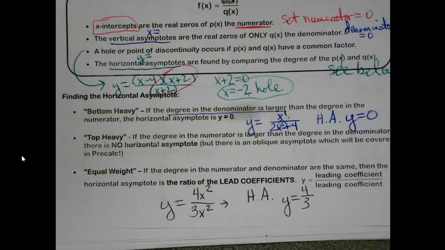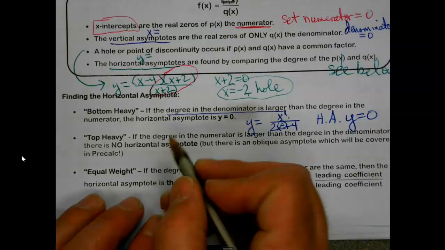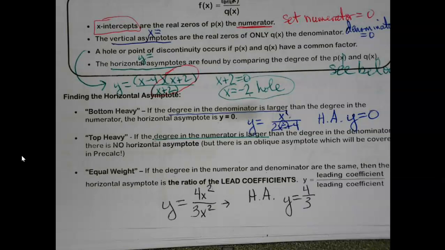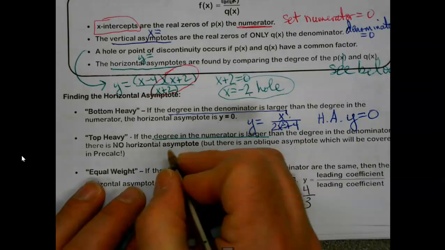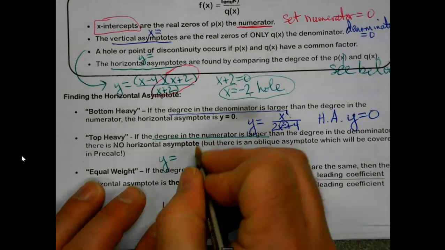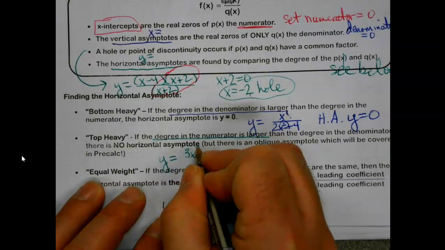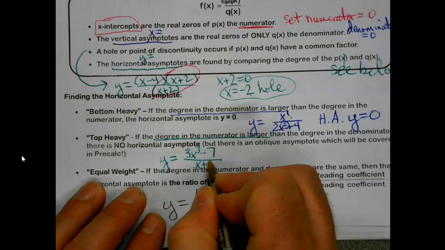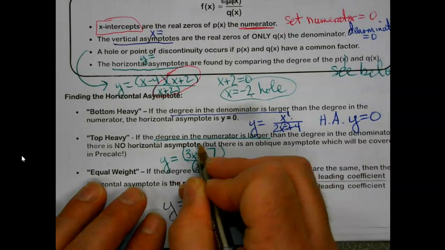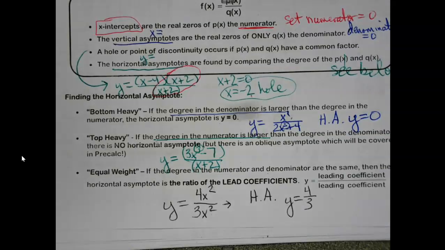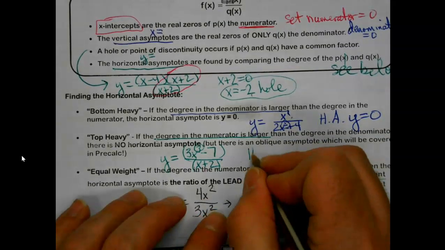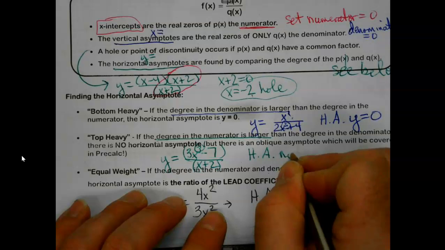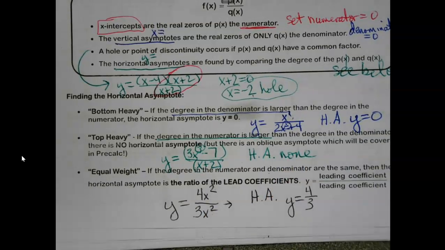And then if that flips, if the degree in the numerator is larger, so like if we had 3x cubed minus 7 over x plus 2, larger degree up top, for our purposes in here, the answer for your horizontal asymptote is going to be none.